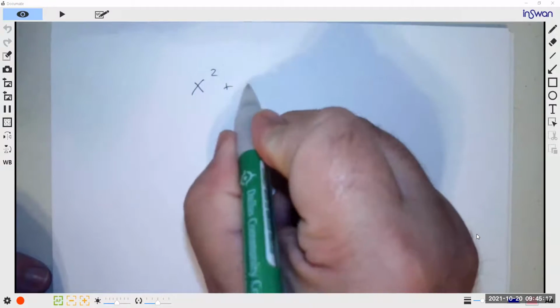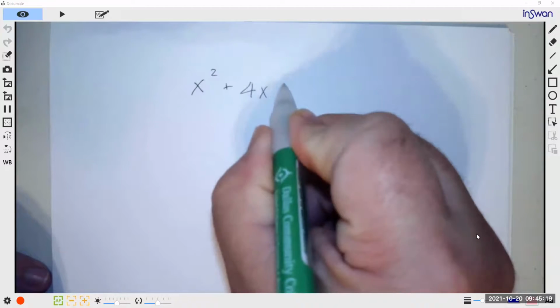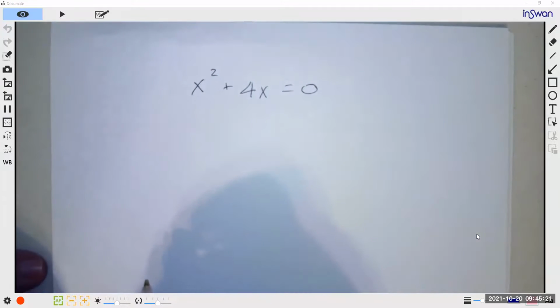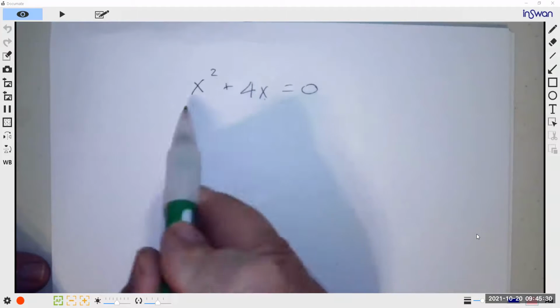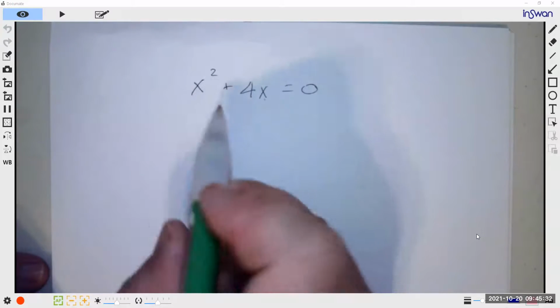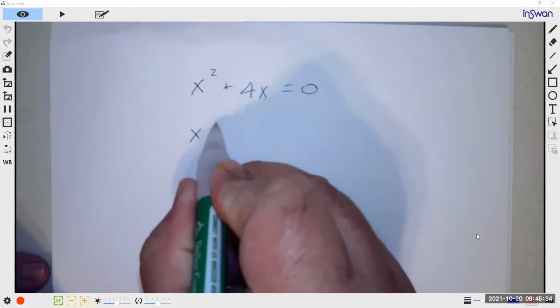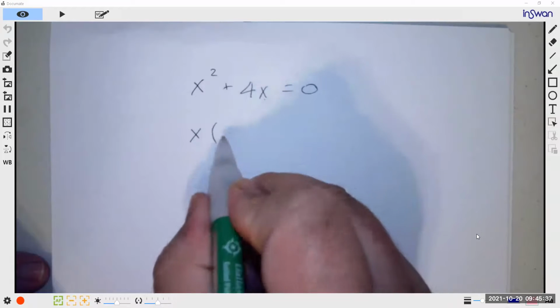X squared plus 4x equals 0. It's a binomial, only has two terms. They both have x's, so we use the factoring method. They both have an x in common. We take out one x from both of those.